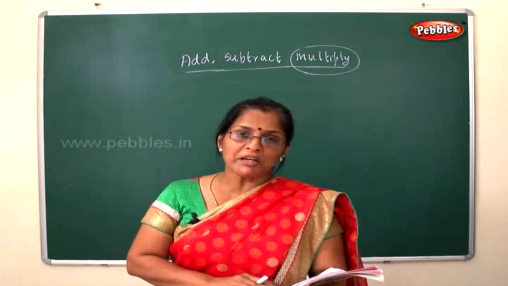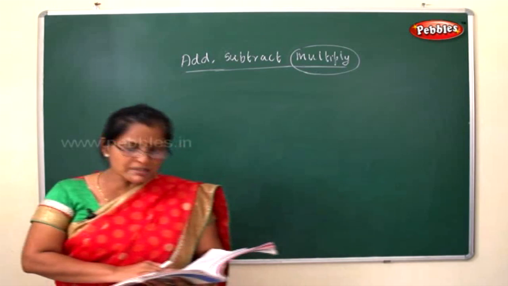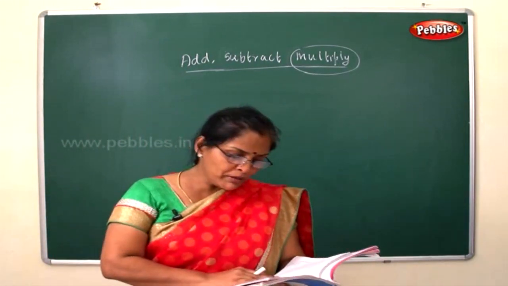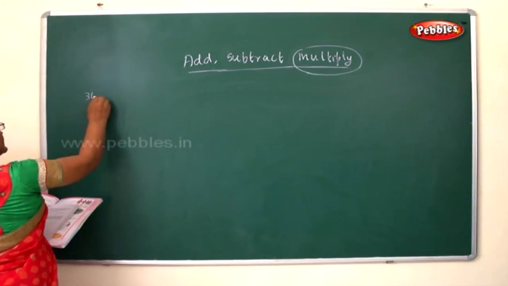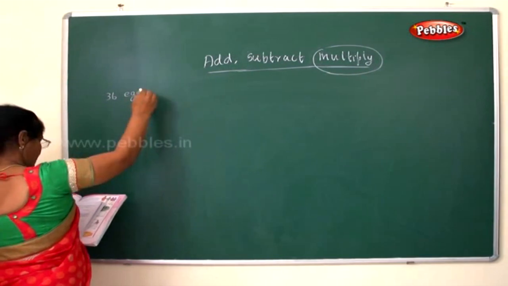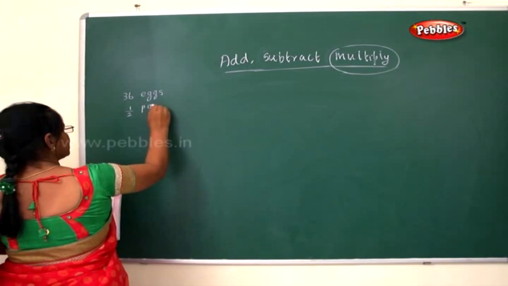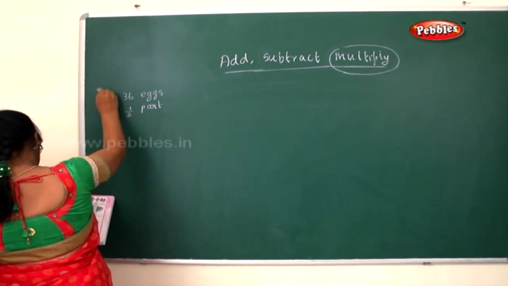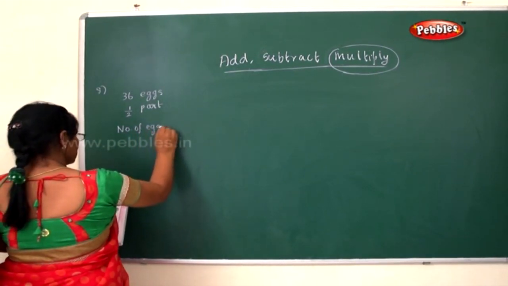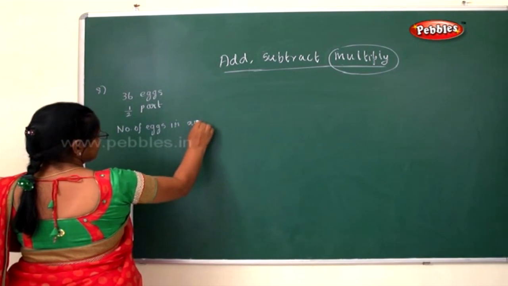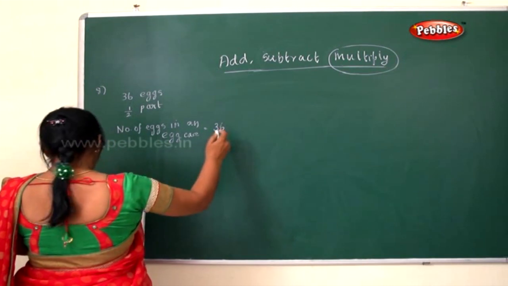Now the next sum is, in an egg case, 36 eggs can be accommodated. How many eggs will be in 1 by 2 of the egg case? Now what you have to do is, see, the number of eggs in an egg case is 36.